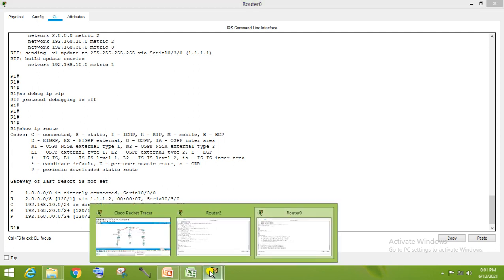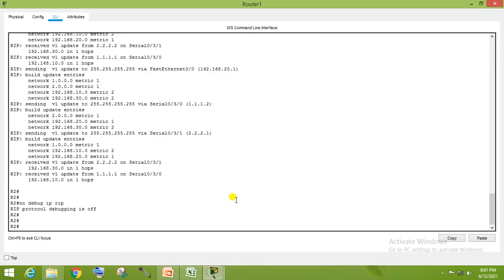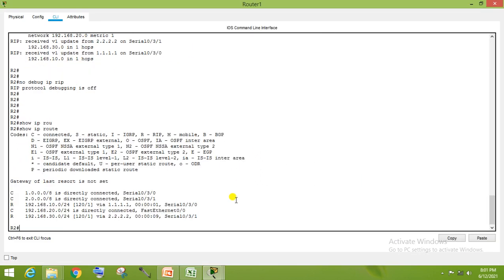Okay, the same thing you can check from here. Show ip route. This router already knows the directly connected routes, that is the 1 network, the 2 network, and the 20 network. The 10 network and the 30 network are learned.